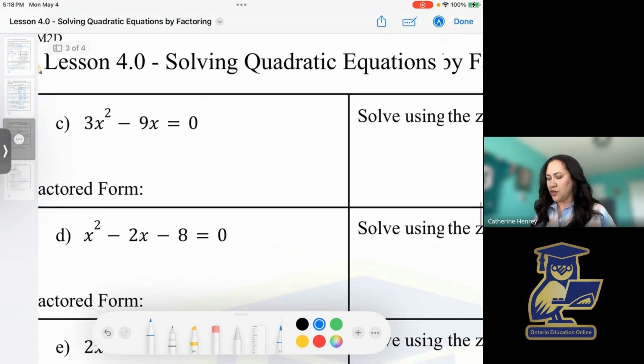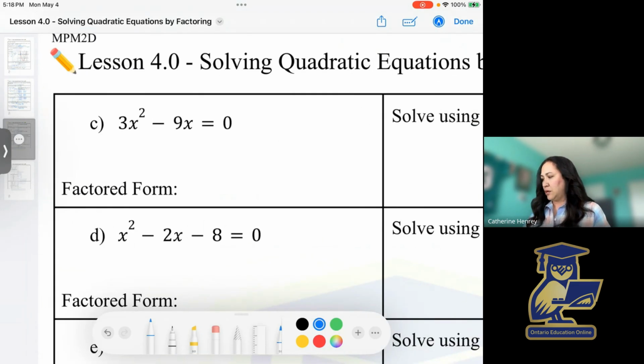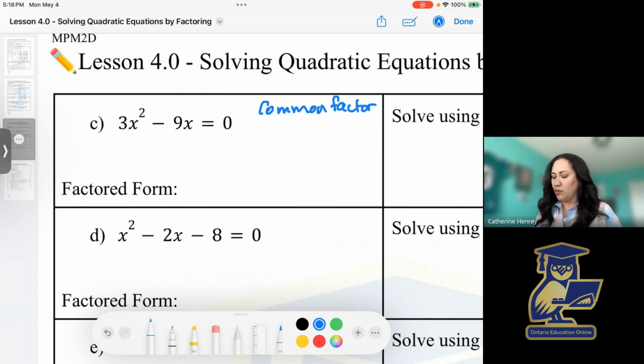So we have another quadratic to factor. And what do you see here? Hopefully, one thing that we should always look for is a common factor. So we can common factor, and we can remove or essentially divide out a 3. Let's common factor it first so you can see how this goes.